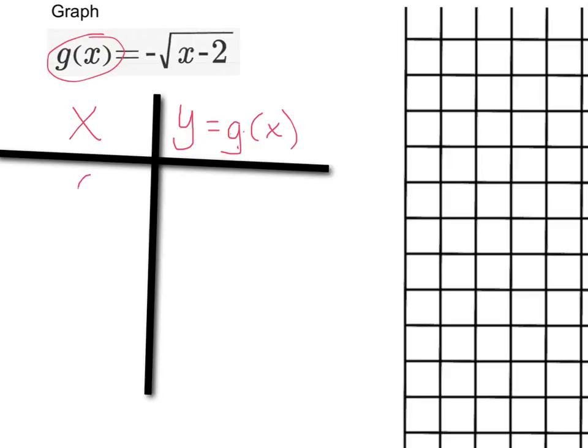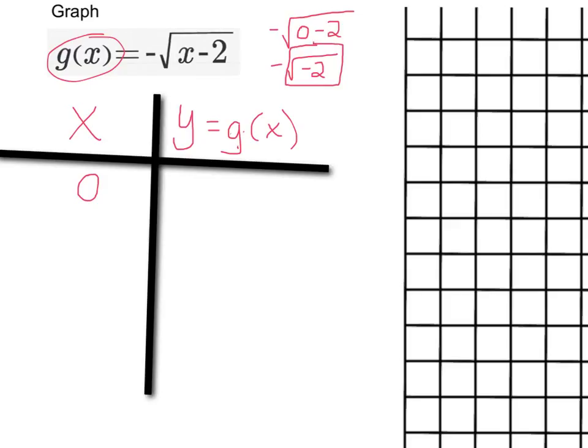Let's plug in 0. Here I've got my function, and g of 0 would be negative square root of 0 minus 2, which is negative square root of negative 2. If you type the square root of negative 2 into your calculator, it's going to tell you it's undefined.